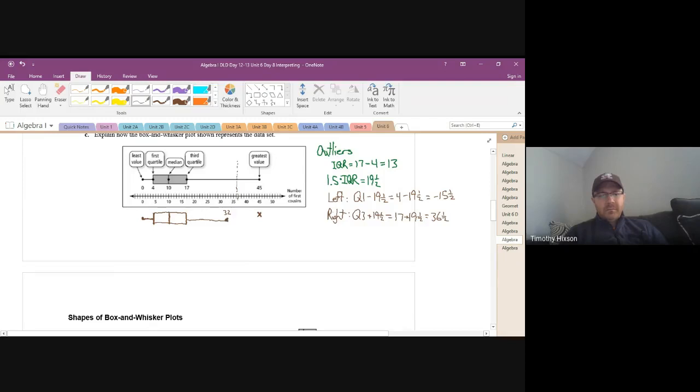Okay? And I want you to understand why this is significant. Remember, we said that 25% of our data is represented here in this whisker, on the left side of the box, on the right side of the box, and on this upper whisker. And if you were to look at the original way the box plot was drawn, you would think, wow, this top 25% was really spread out.